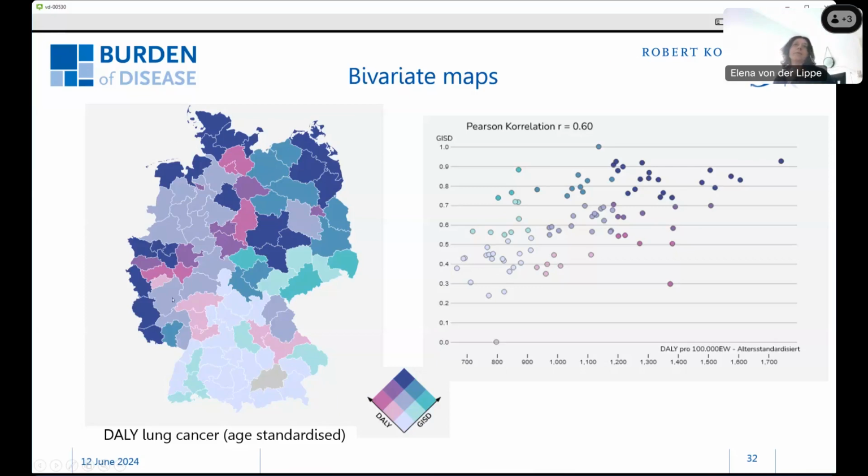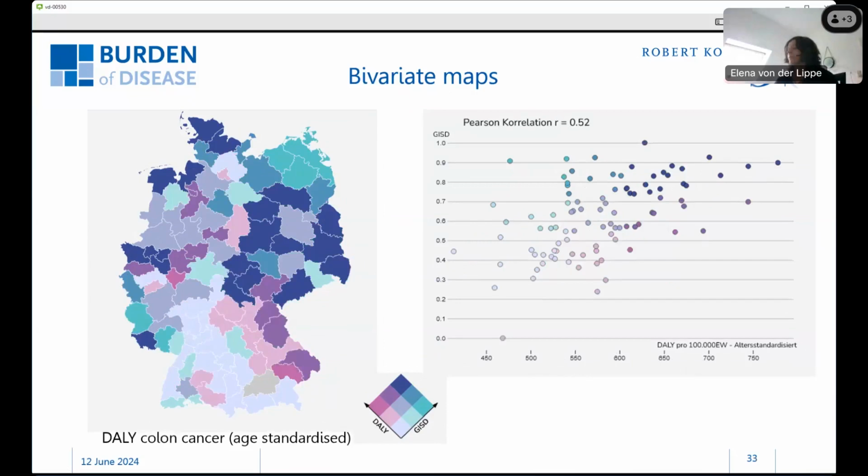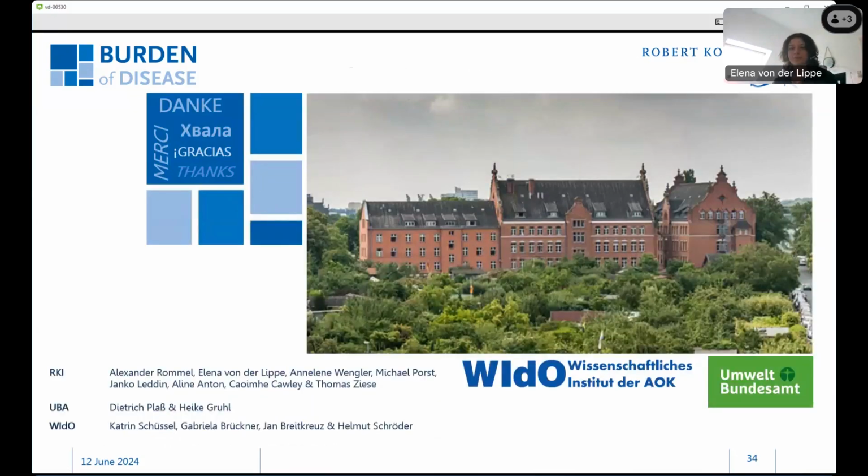In the western parts, mid deprivation and middle burden, and the dark blue, which are mostly from the eastern part, are the higher deprivation and the higher DALY. But we are working on this, and we are also working on the explanation for this. So thank you very much.